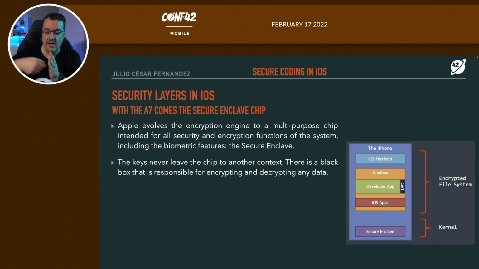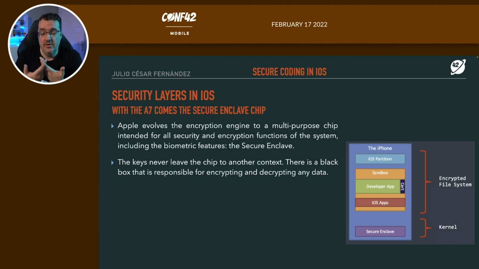You put data into Secure Enclave and Secure Enclave returns the data encrypted or decrypted. But you never know how this chip works internally. Okay? This is the most important thing.